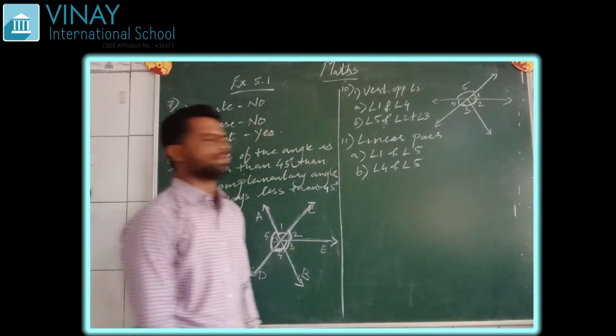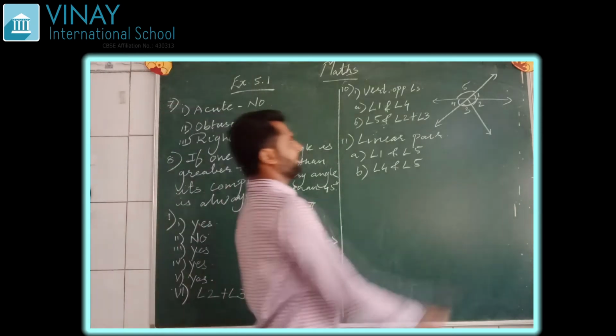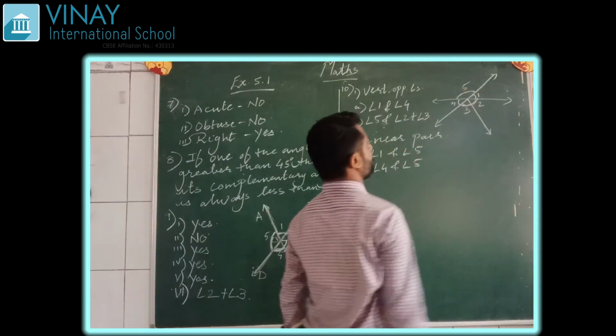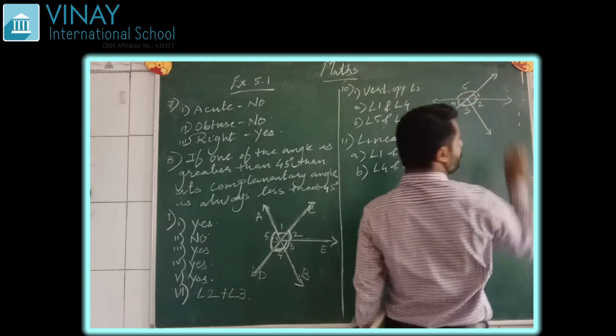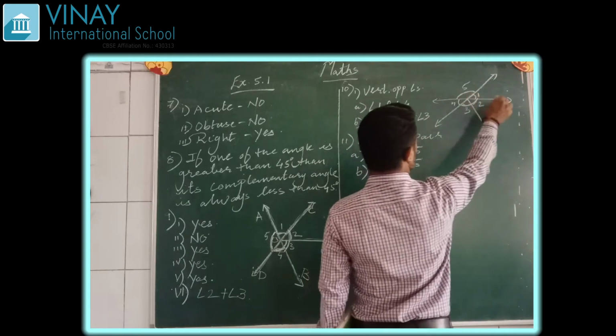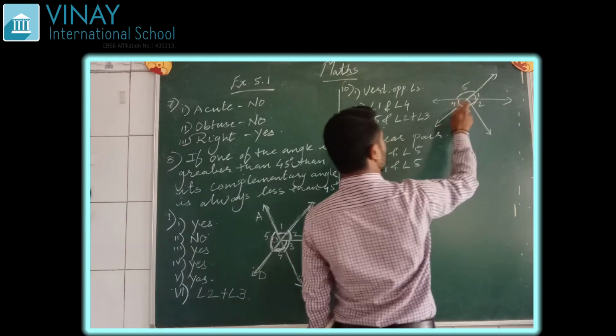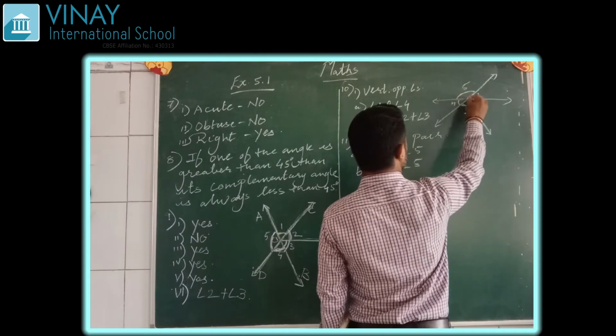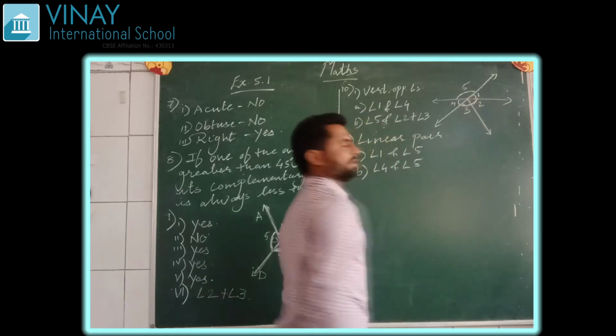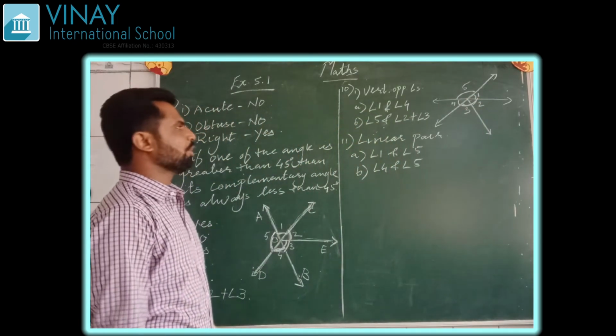These are the two linear pairs of this figure. Angle 1 and angle 5 because they have one common arm, one common vertex, and the other rays are opposite to each other. Same way, angle 5 and angle 4, one common arm, one common vertex, and the others are opposite to each other.